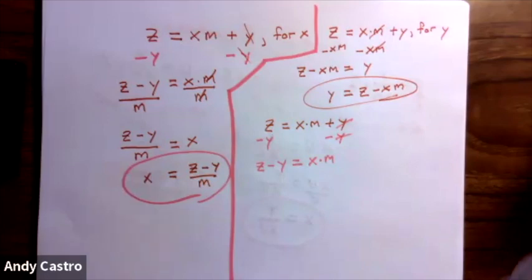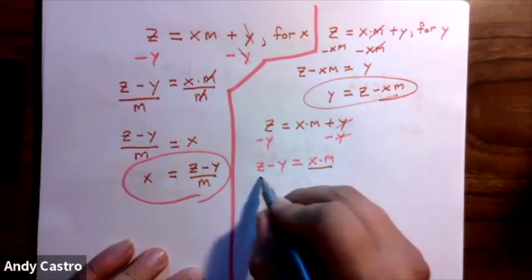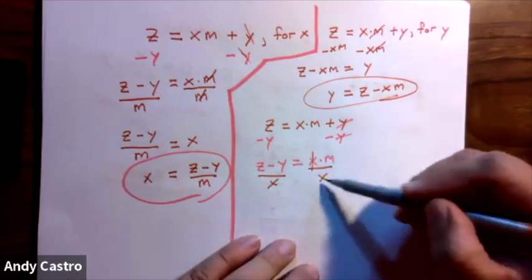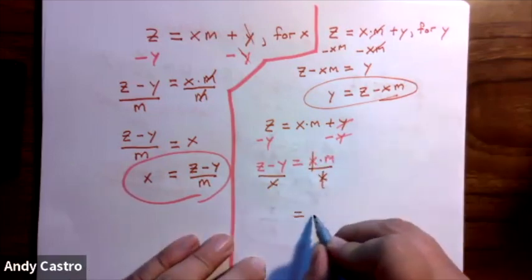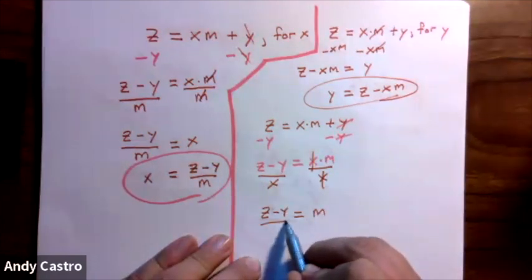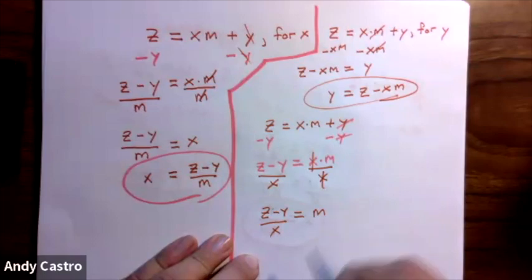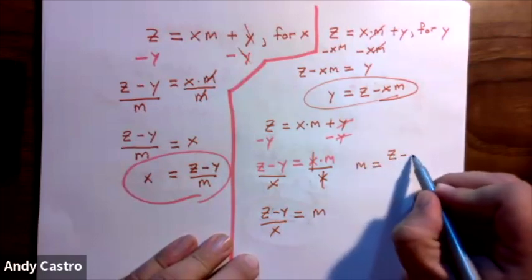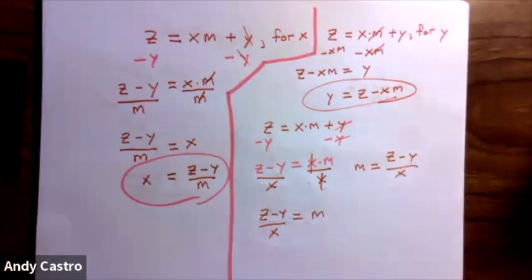Then I will divide both sides by x. And I will be left with m is equal to z minus y divided by x. And I can switch it again. M is equal to z minus y divided by x.